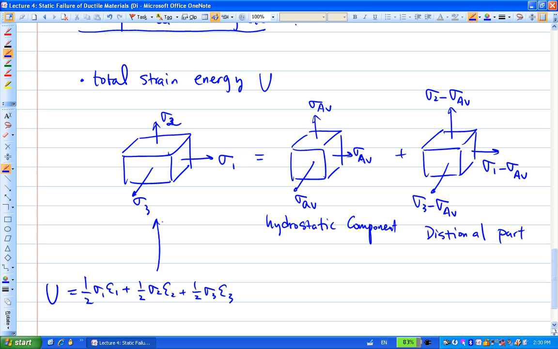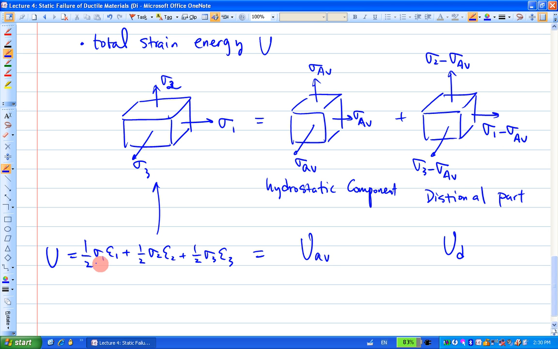Epsilon 1, 2 and 3 are the strains caused by sigma 1, 2, 3. I'll use UAV to represent the strain energy in the hydrostatic component, and UD to represent the distortion strain energy in the other component.